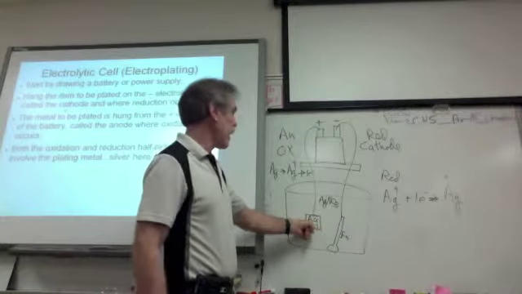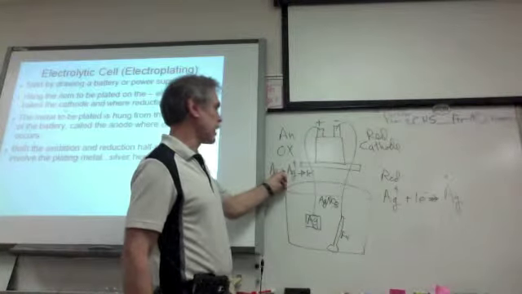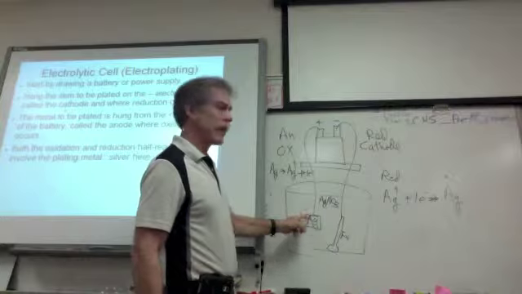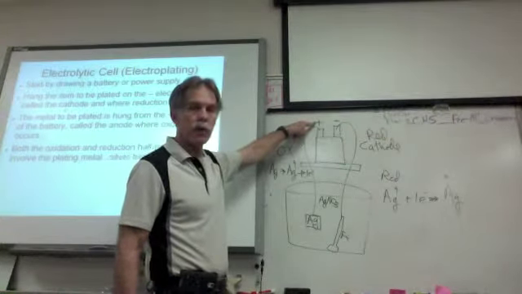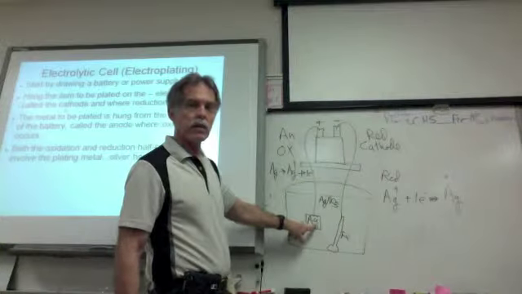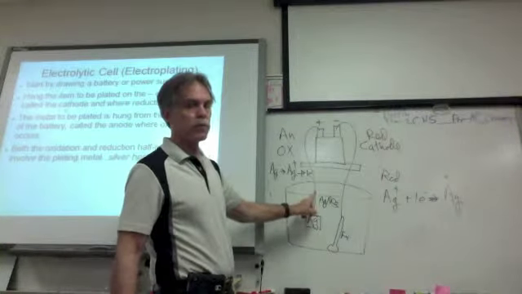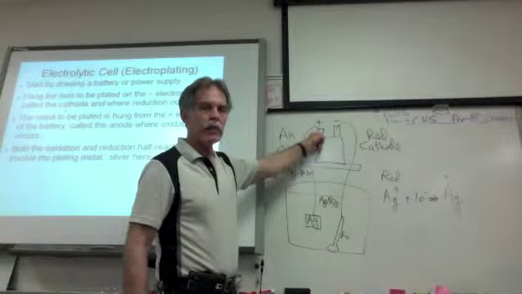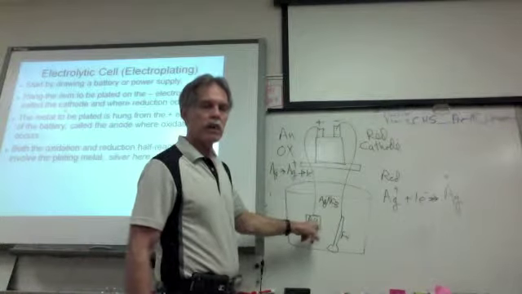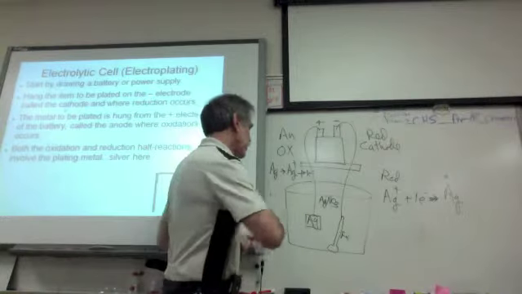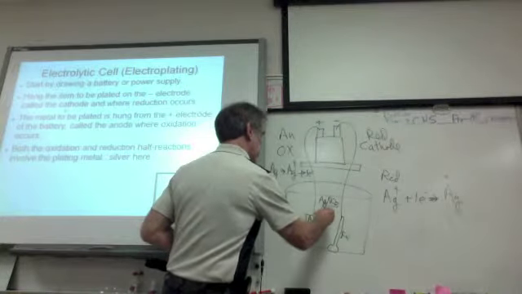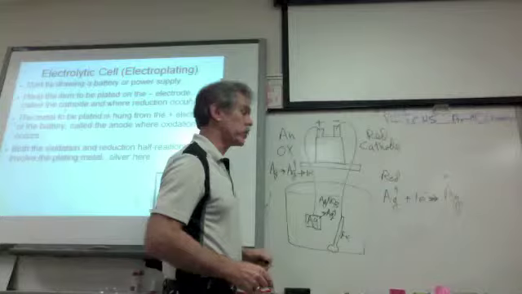Well, we have to oxidize. How do we do that? We take electrons away. How better to take electrons away than attach it to a plus? What are electrons going to do when they see that plus up there? Opposites attract. Electrons race up there to the plus. They leave the silver, and when they leave Ag, it turns it into Ag plus. So this Ag turns into Ag plus out here in the solution.